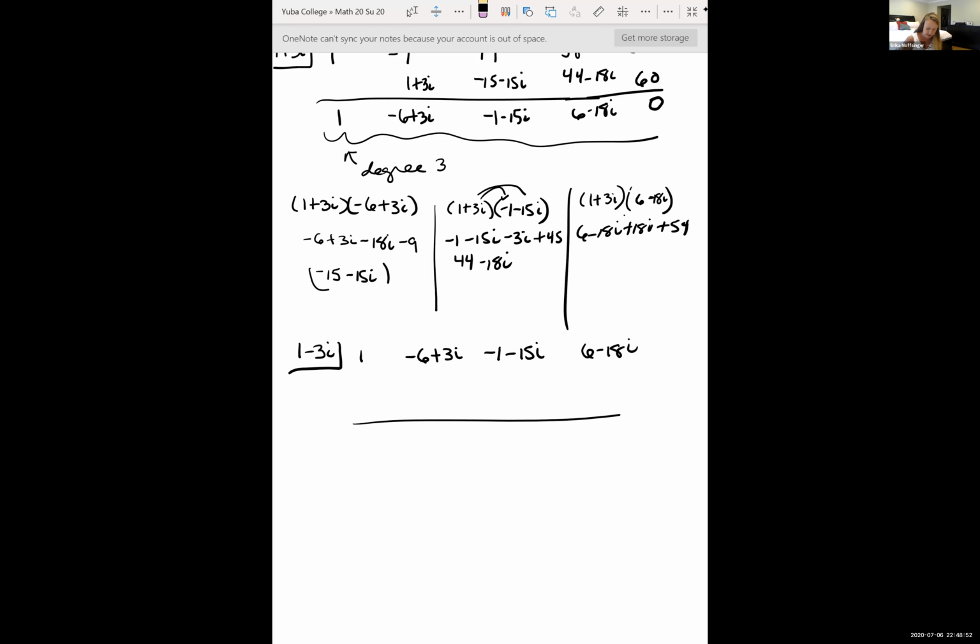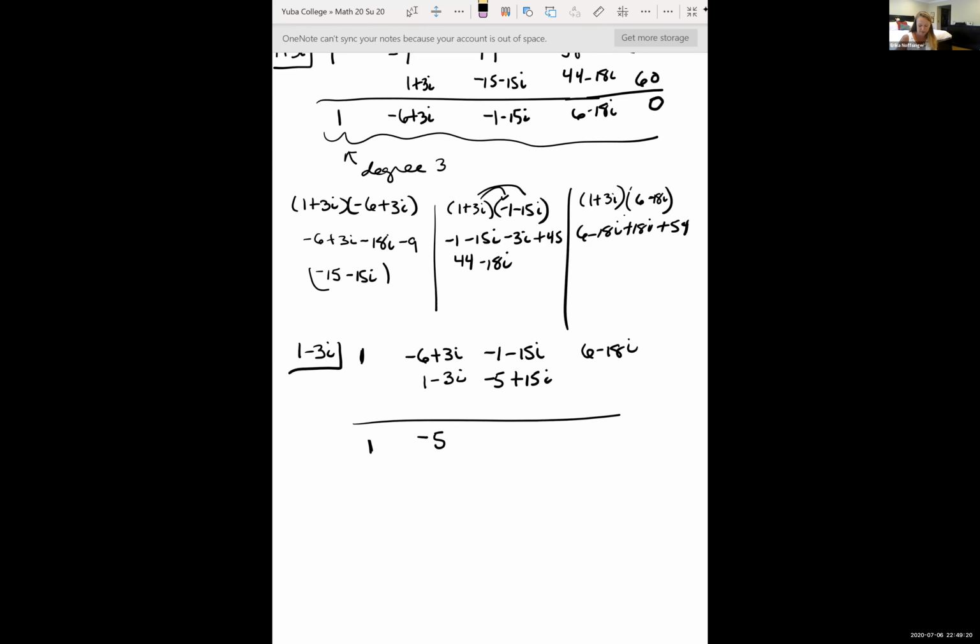Bring our first number down, multiply it. So 1 times 1 minus 3i, that's 1 minus 3i. Sum this: negative 6 plus 1 is negative 5. 3i minus 3i cancels. Distribute the negative 5: negative 5 times 1 is negative 5. Negative 5 times negative 3i, that's plus 15i.